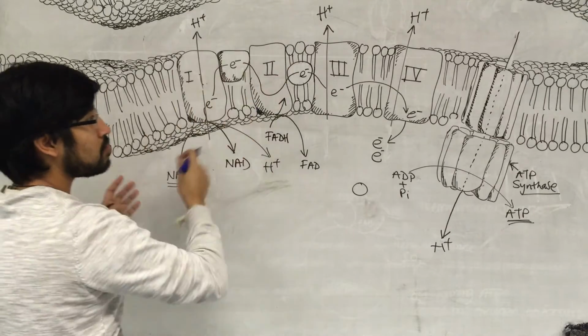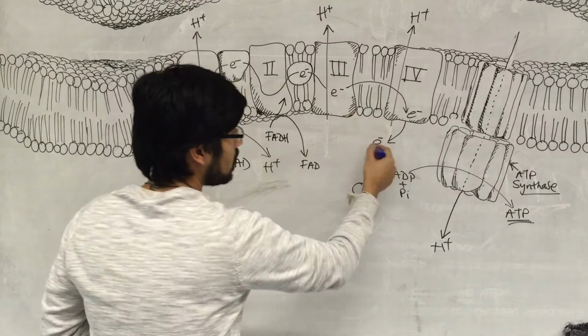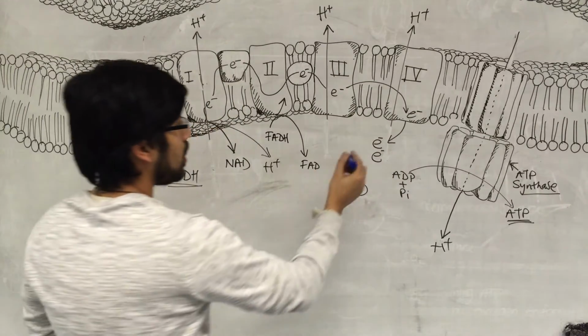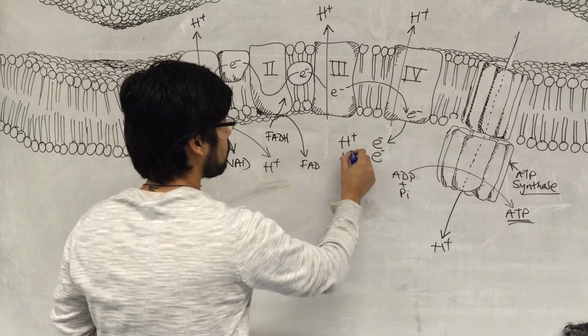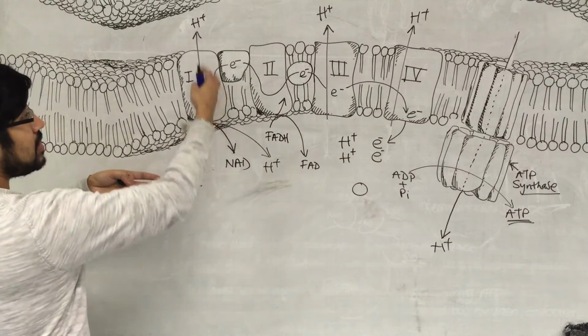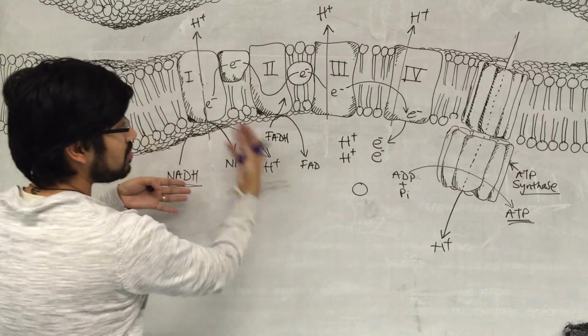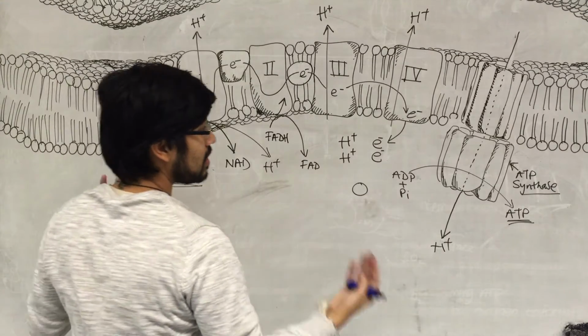So maybe from 2 NADs, or you can imagine that it would require 2 electrons, and it can readily get 2 protons from this area, because remember when NAD is depositing its electron here, it also frees up a proton here. So there's a ready supply of protons in this environment.